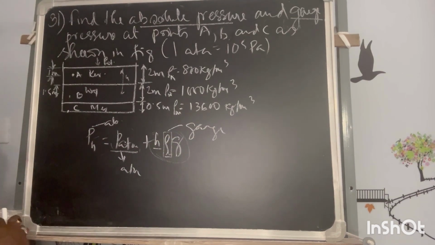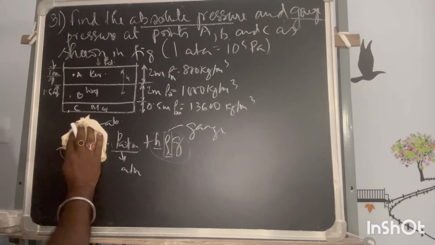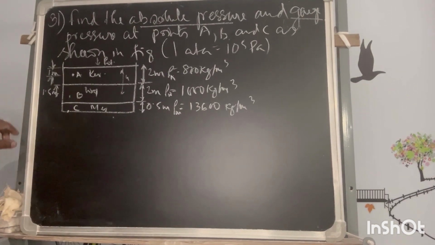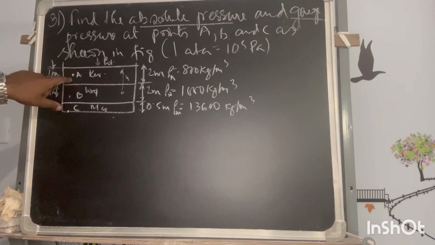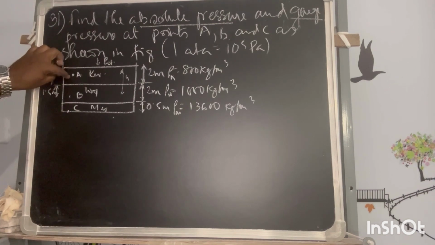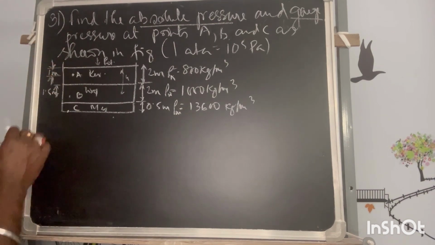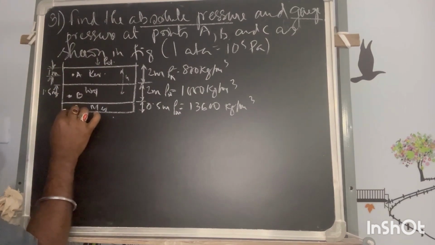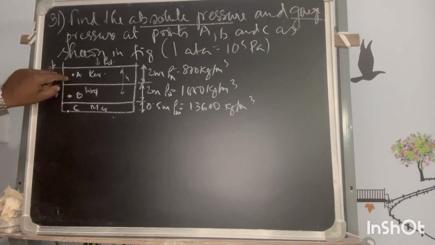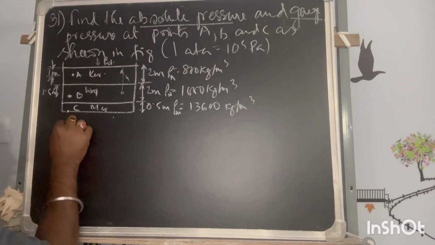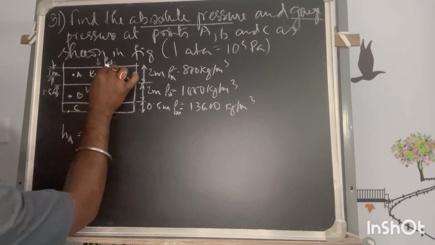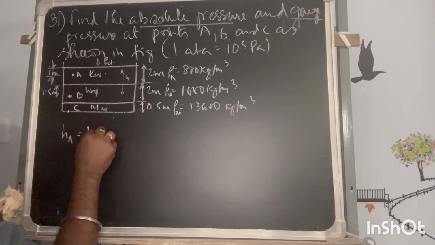Now they have asked in a different way, where you have to find the absolute pressure and gauge pressure at the particular points as you go down from the top. So first my concern is to get A. For that I need its height h from the top surface. This is 1 meter.